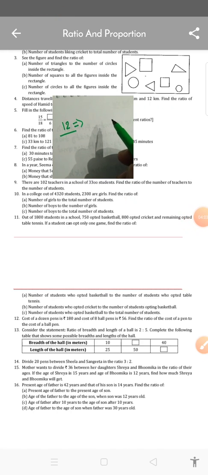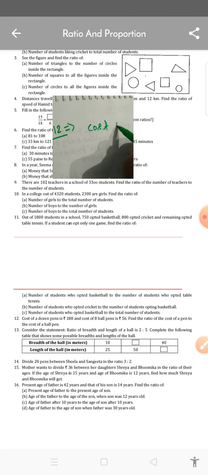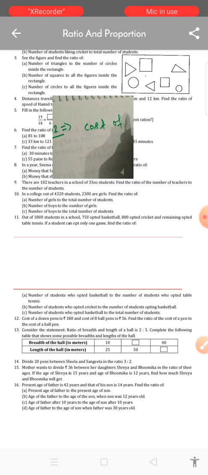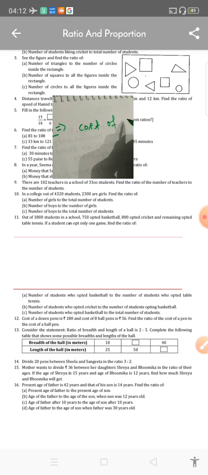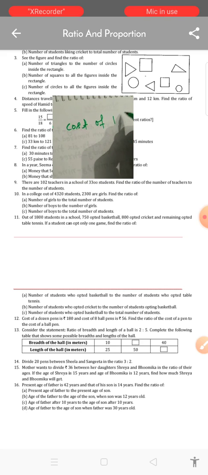So student, this is question number 12. The cost of 1 dozen pens is given.